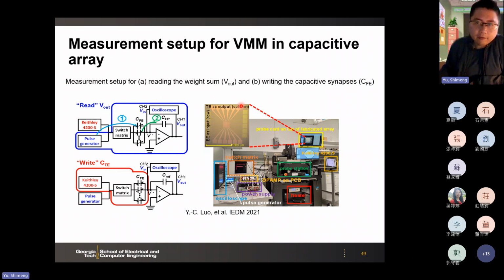So experimentally, we have demonstrated this operation using our fabricated crossbar array with those capacitors. Here is a small demonstration with a 12 by 12 crossbar array.